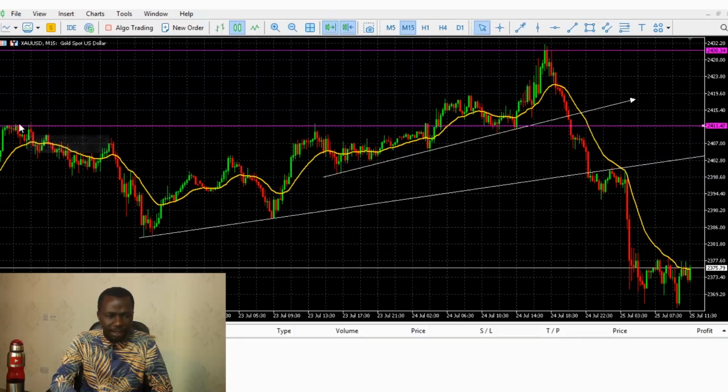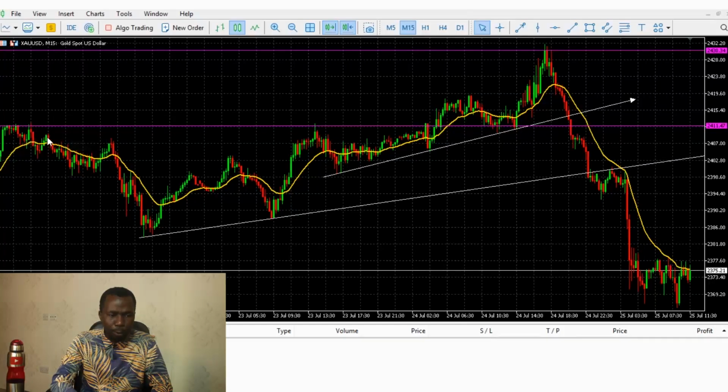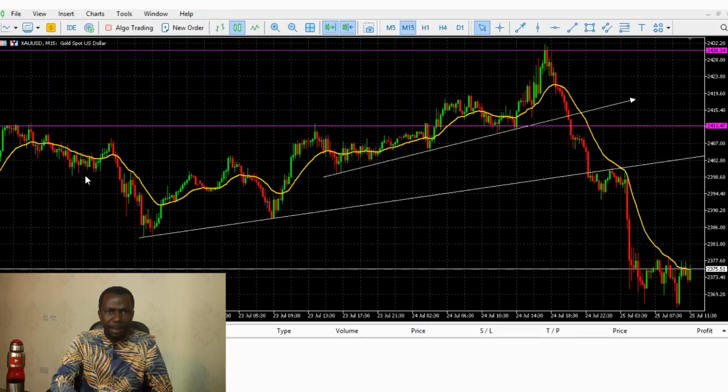If the market gets to this level, it will reverse. So I'm waiting for the price to come here for me to take my sell trade. You can clearly see the market rally down all the way to this point.